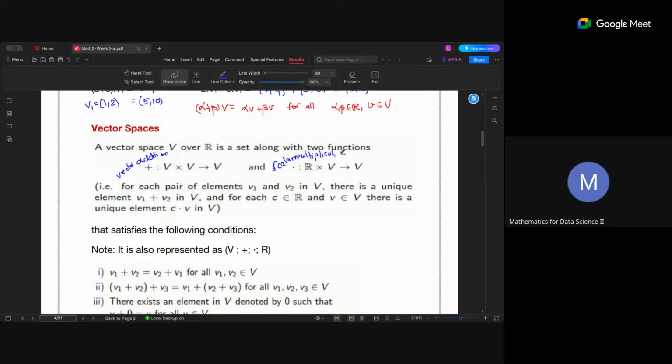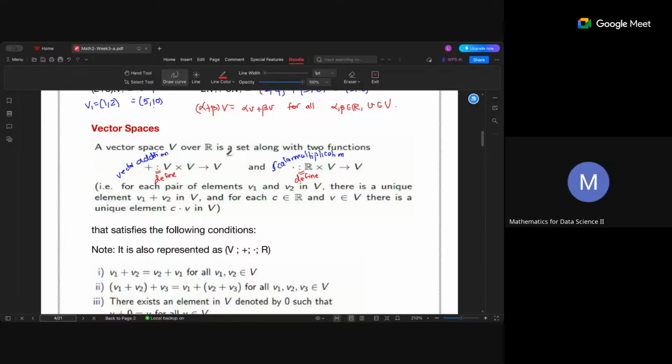This can be defined in the way we want. It need not be something like coordinate-wise addition or coordinate-wise multiplication, nothing like that. You can define it in the way you want.